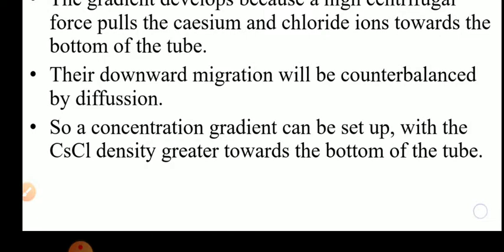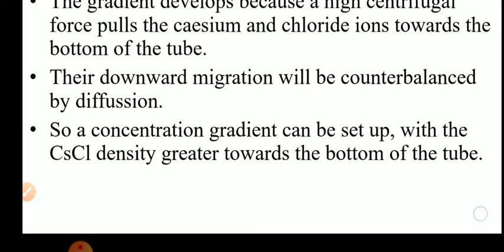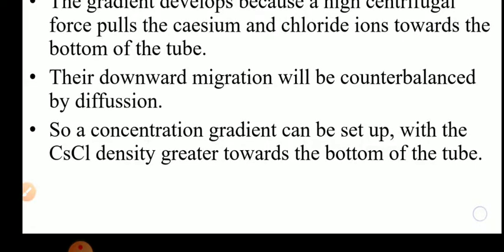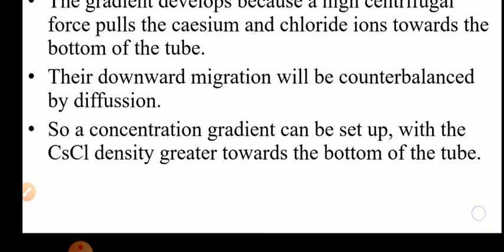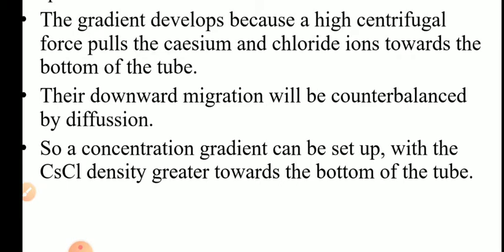But their downward migration is counterbalanced by diffusion of the molecules. So a concentration gradient is formed where the cesium chloride density is greater towards the bottom of the tube.